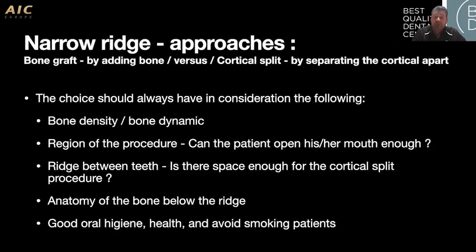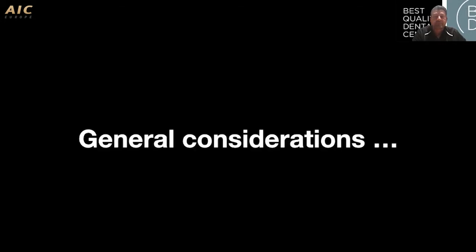The ridge between teeth: is there enough space for the cortical split procedure or not? The anatomy of the bone below the ridge is another consideration that we should always have in mind. And of course, the basics: good oral hygiene, healthy and non-smoking patients. It's always a very smart decision.